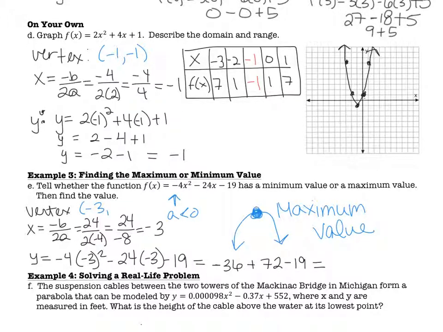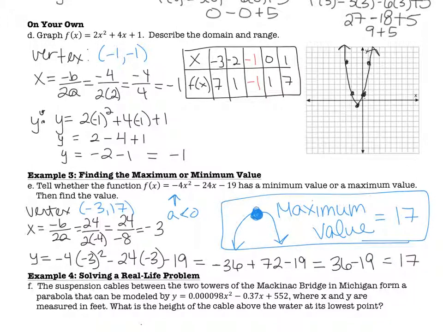So then we're going to do negative 36 plus 72. That's 36. We still have to subtract the 19. So your final answer would be 17 for the y-coordinate of your vertex. So this maximum value, if this was on the graph, you would graph it to the left 3, negative 3, up 17. So the top value is 17.